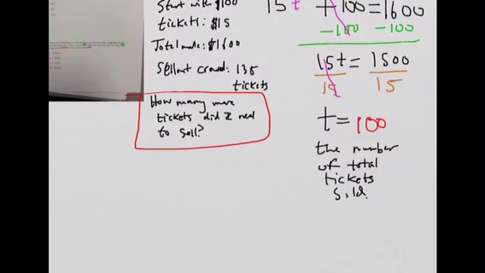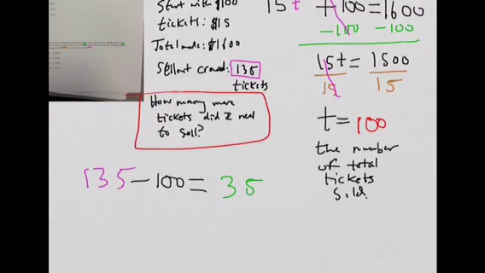Well, the goal was 135, and I sold 100, so what I'll do is I'll just figure out the difference. 135 minus 100 will give me how many more tickets I needed to sell, and that answer is 35.